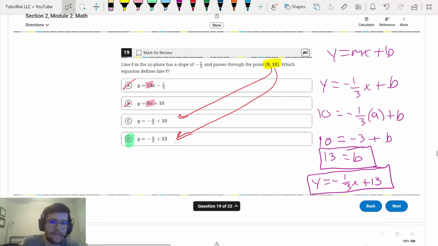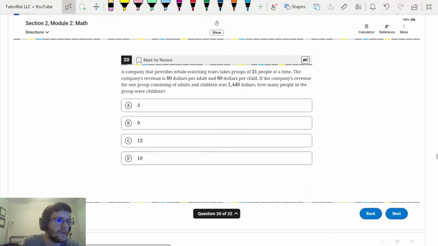Okay, 20. Okay, so we have to write two equations relating the situation. So the first one, it's $80 per adult, $60 per child, and $1440 total.